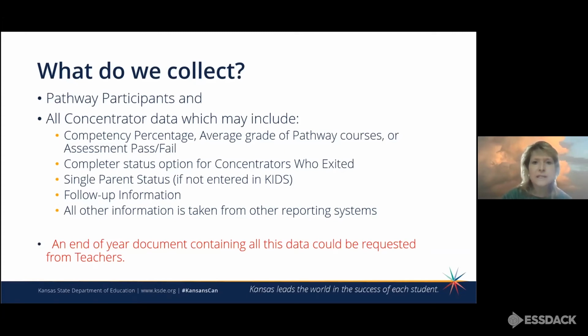Single parent status is for the student, not for the student's parents. And it is in the KIDS system, but sometimes it's not entered by the person who's doing that. So if you see in Pathways that this status is not correct, you have the ability to change that and add in whether or not a student is pregnant or a single parent, okay?